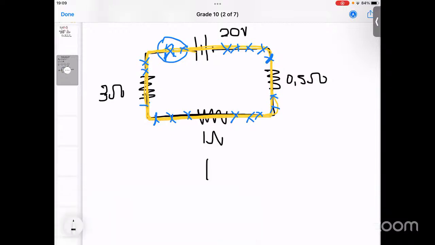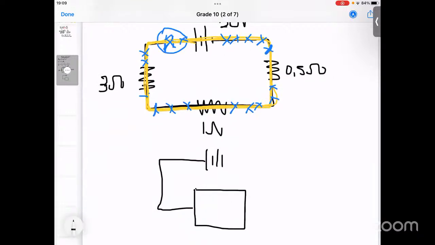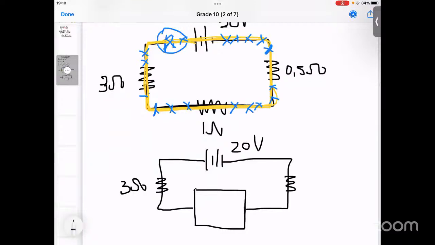In a situation where you have that battery there, and now instead of having that line, it does that. We have that 20 volts there. We still have the one of 3 ohms, and the one of 0.5 ohms.